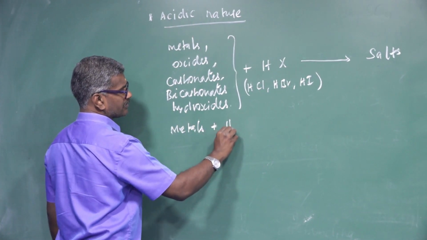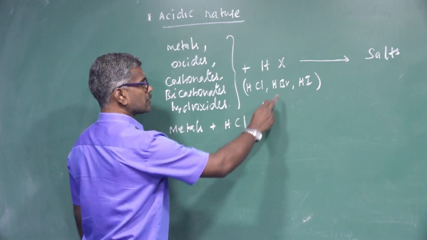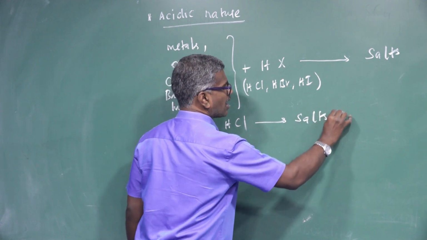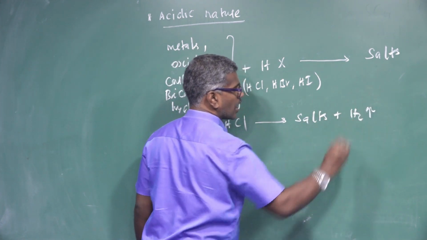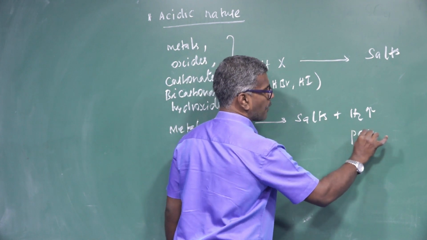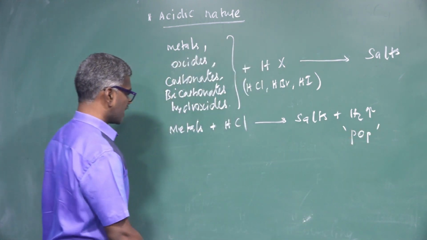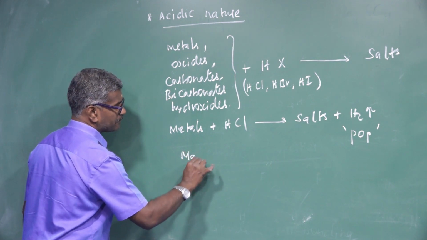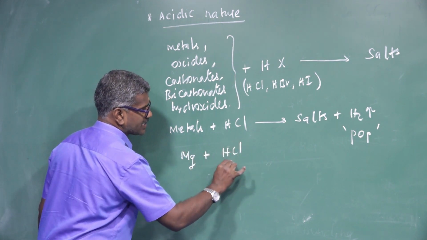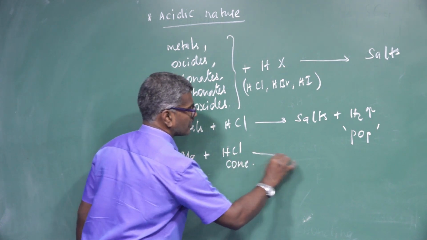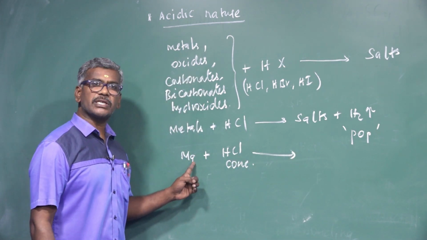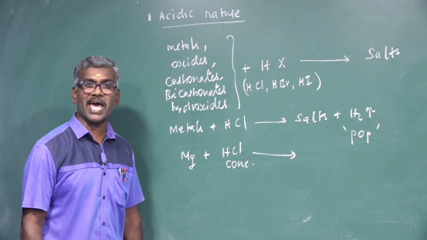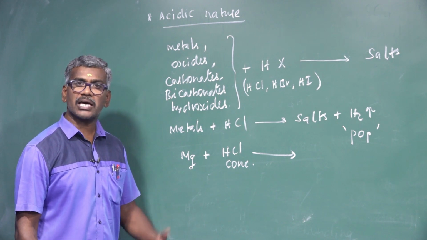Metals react with HCl or HBr or HI and form salt plus hydrogen gas. The hydrogen gas is formed with a pop sound. For example, any metal, magnesium or zinc. Mg reacts with concentrated HCl. Here, magnesium has valency 2, because it is in the beryllium family. Beryllium, magnesium, calcium, strontium, barium, radium all have valency 2.